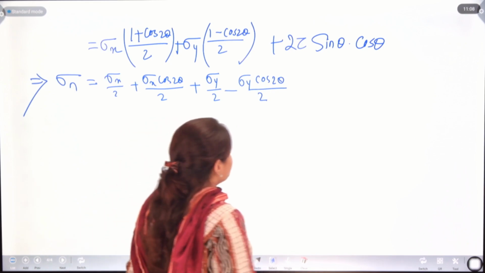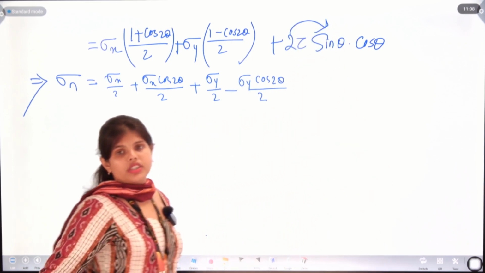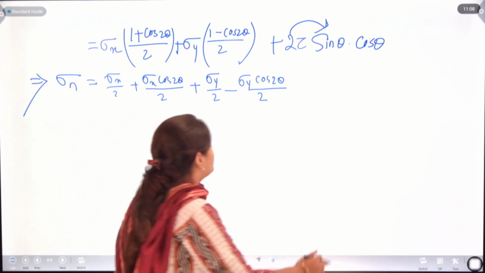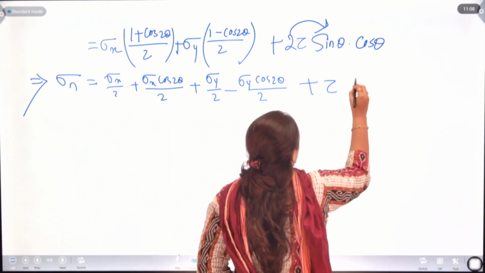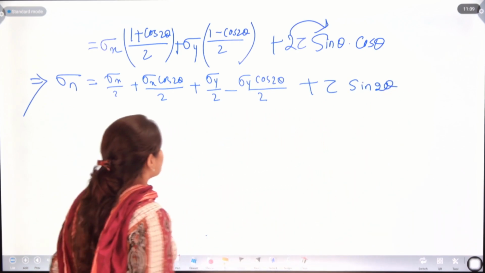Okay. If we just take these two this side, 2 sin theta into cos theta is nothing but sin 2 theta. So we will have here tau into sin 2 theta.